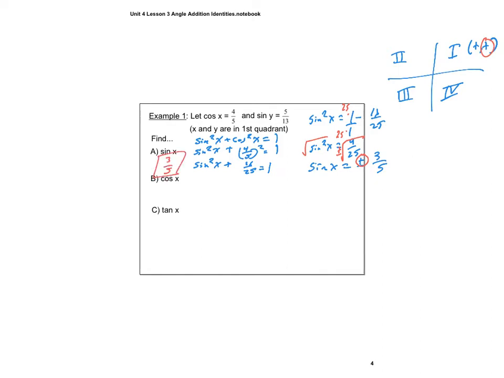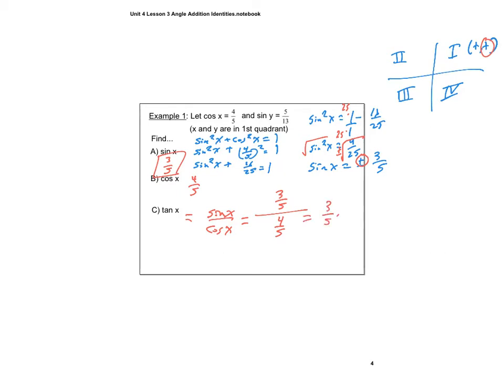All right, cosine of x, we were already given that in the problem. It's 4/5. Tangent of x is sine x divided by cosine x. Well, we know what the sine of x is. We found it, 3/5. We're given the cosine of x. That's 4/5. So we can change it into a multiplication problem.